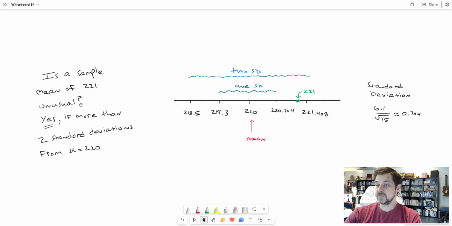Now, to answer the question, if the sample mean 221 is unusual, I'd have to see, is 221 more than 2 standard deviations from the mean? I've got it all mapped out here. 221's right there, just to the left, slightly underneath 221.4. So what's that mean? It means that it's not quite 2 standard deviations away. It's a little bit less than that. It's not more than 2 standard deviations away.